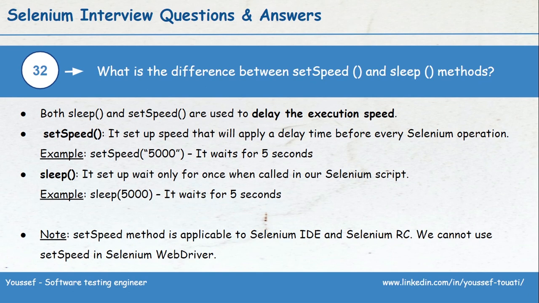For example, setSpeed 5000, it waits for 5 seconds. Sleep sets up a wait only once when called in our Selenium script. For example, sleep 5000, it waits for 5 seconds.